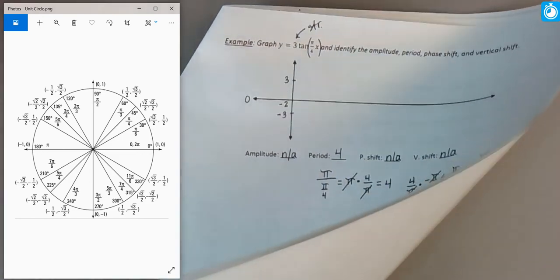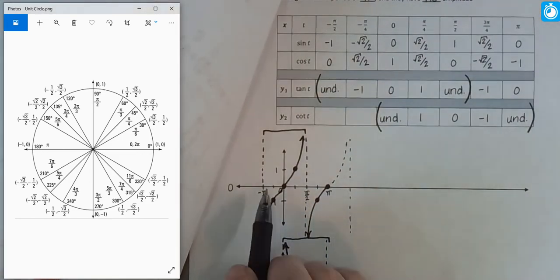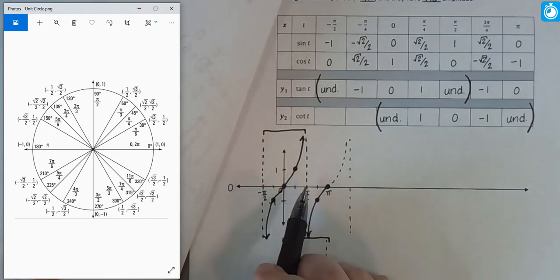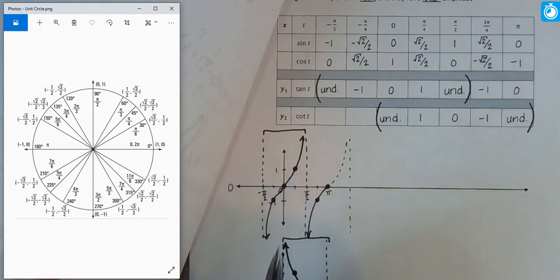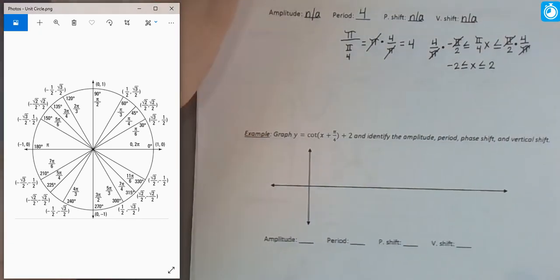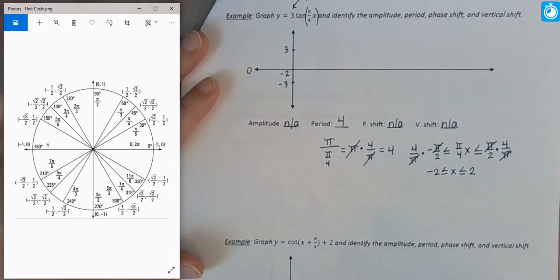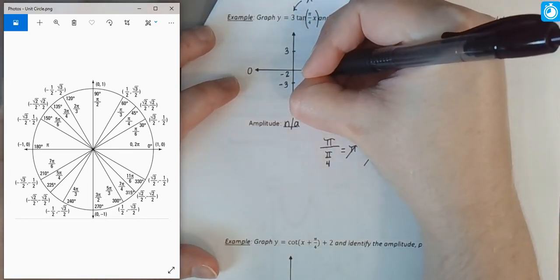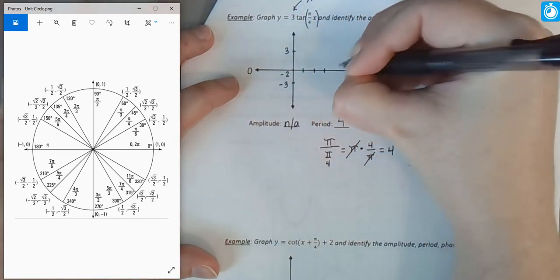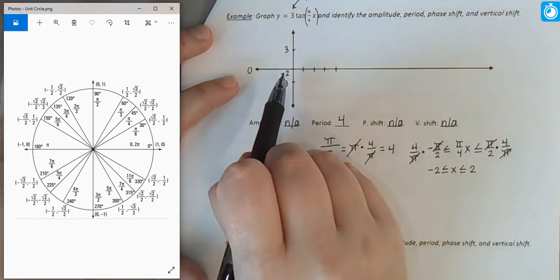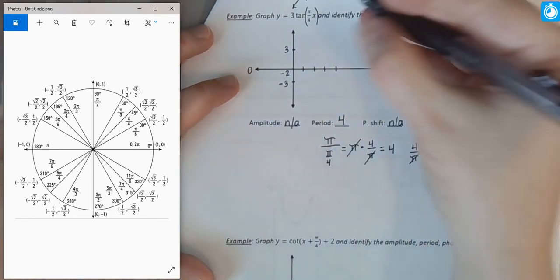Now we're also counting by 4 units here, but notice it's a little bit different. We went from negative pi over 2 to pi over 2 and counted by 4. And then we just had marks in the middle as well. But we weren't counting by pi over 2 originally. Here it would be by pi over 4 originally. So 1, 2, 3, 4. And we're going from negative 2 to 2.